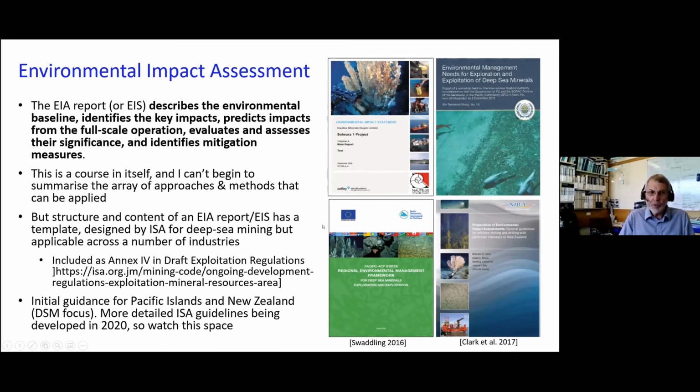But this is very much work in progress. There's a lot more detailed work in the background being driven by the need for International Seabed Authority guidelines, and these are being developed at the moment. So it's a case of watching the space in terms of documentation, which can really help get your head around the practicalities of undertaking an environmental impact assessment.